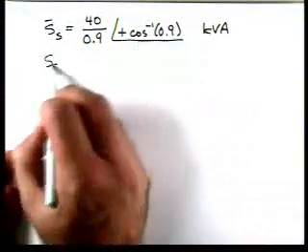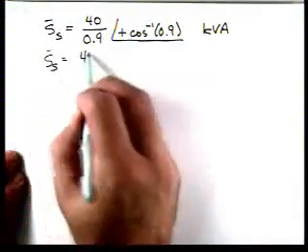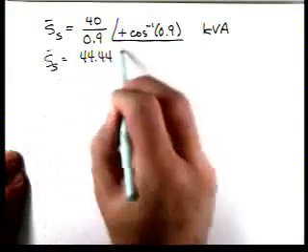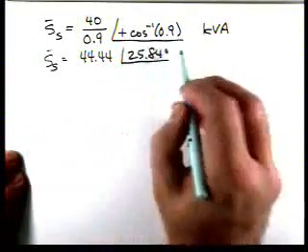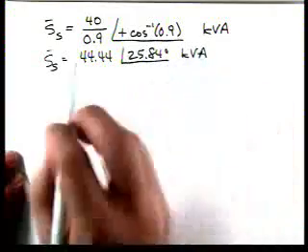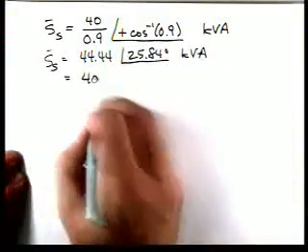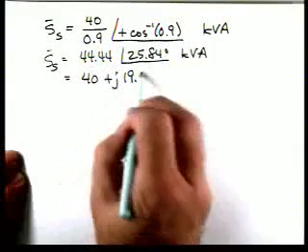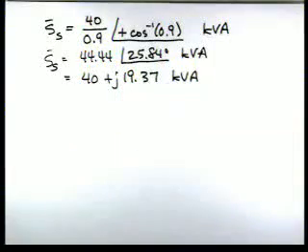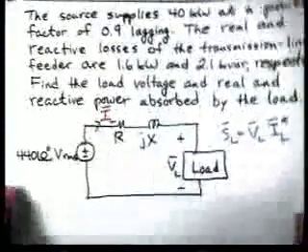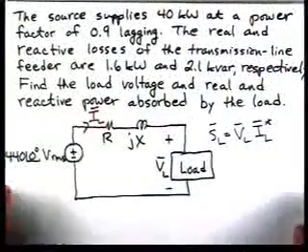Okay, so the complex power supplied by the source then is 44.44 at an angle of 25.84 kVA. This is 40 plus j19.37. Now we can calculate that current IL here.